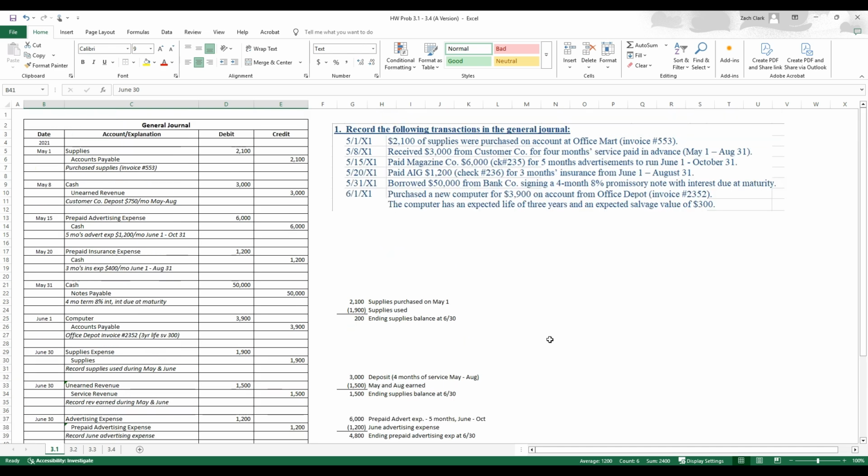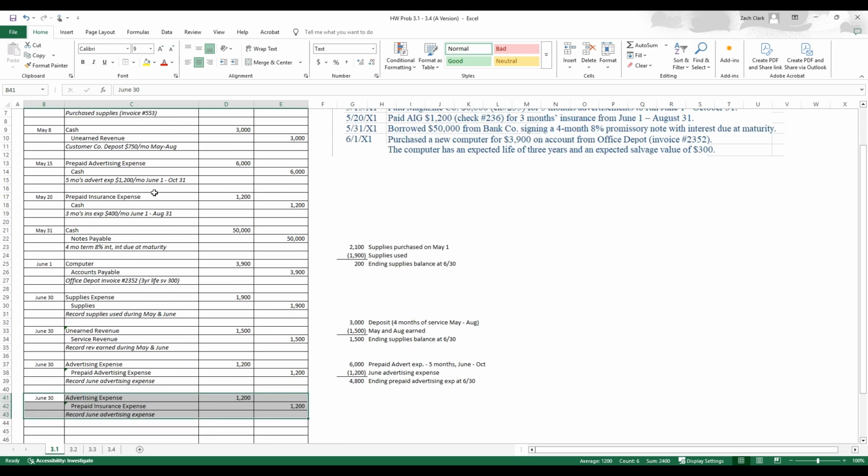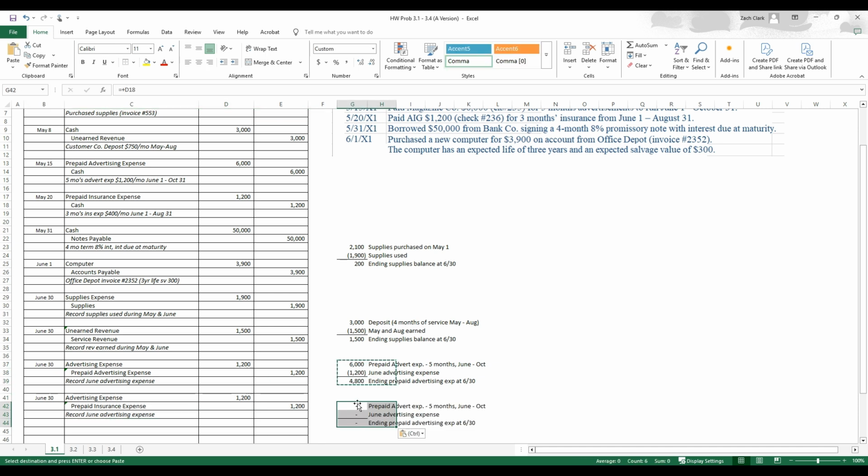And let's see, what do we got here? So that was prepaid advertising. Now we have prepaid insurance. So very similar situation, but in prepaid insurance, it's 3 months at $1,200 total. So I'll just put it in here, prepaid insurance expense, 3 months.